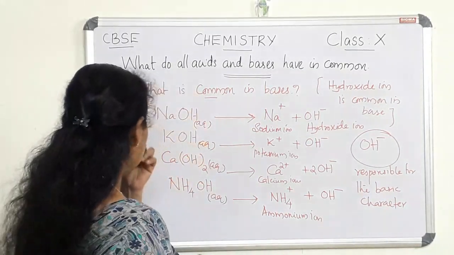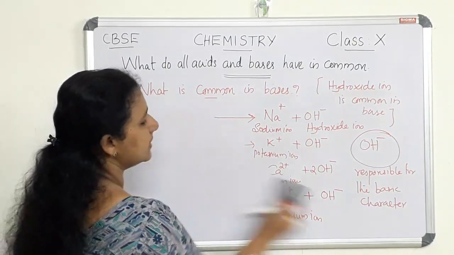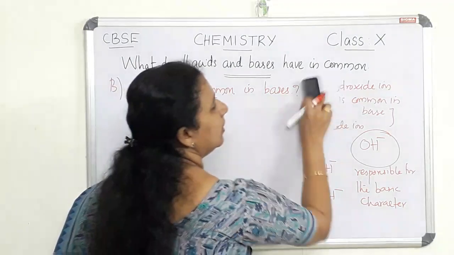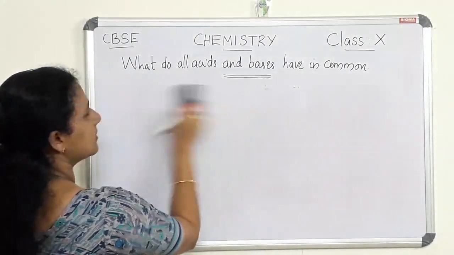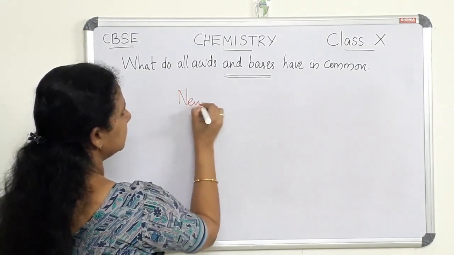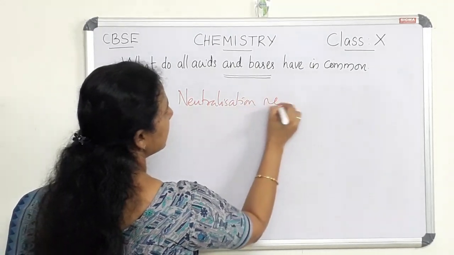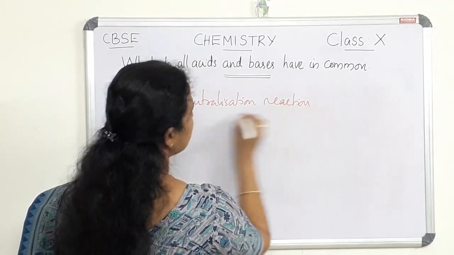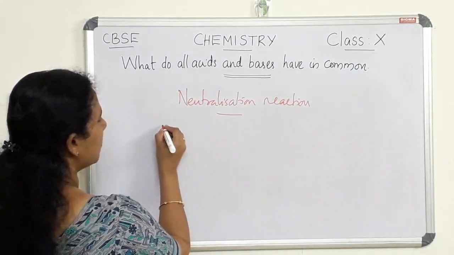Now let's see how we can write the neutralization reaction in terms of hydrogen ions and hydroxide ions. So the neutralization reaction can be represented by using hydrogen ions and hydroxide ions.